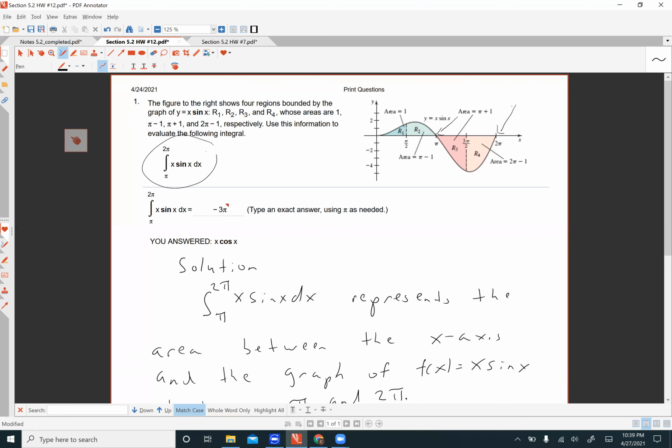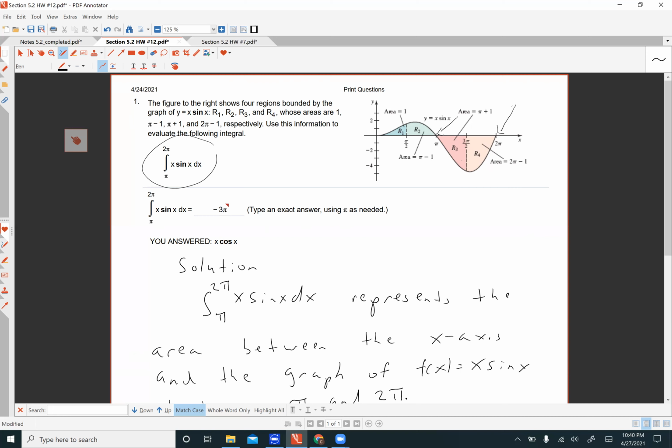They're actually giving us what those areas are. They give us some information which isn't really important for this problem. R1 is 1 and R2 is pi minus 1. We don't really need R1 or R2. All we need is R3 and R4. So we'll throw R1 and R2 away for now.